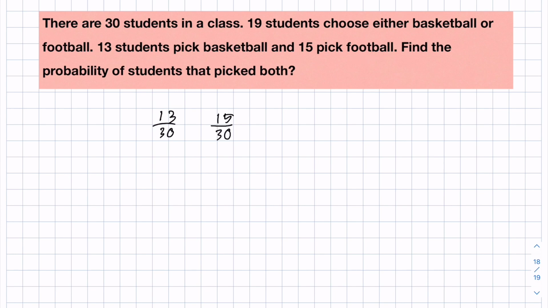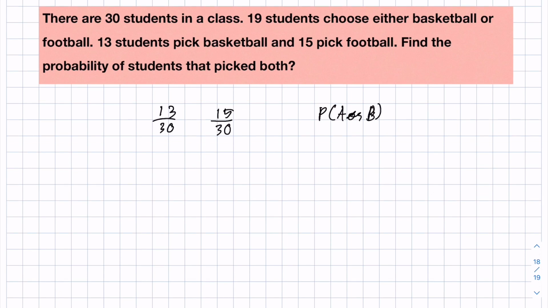So if you're not satisfied with this explanation, let's look at this part of the question. 19 students choose either basketball or football. So this is essentially our probability of A or B. I already said this was overlapping.